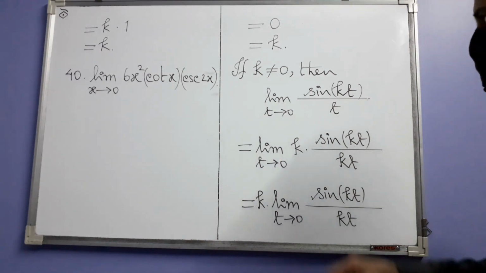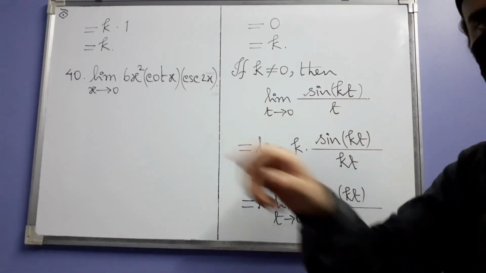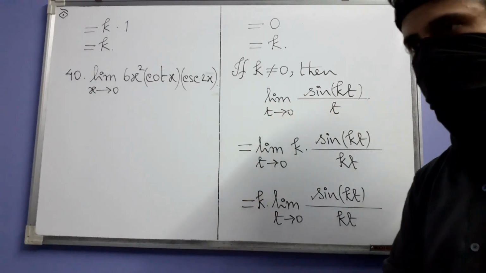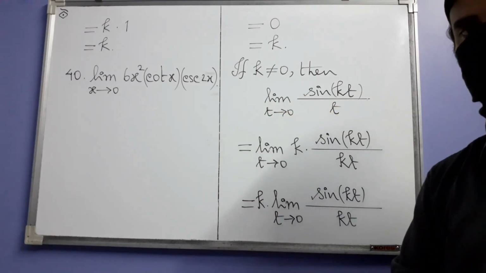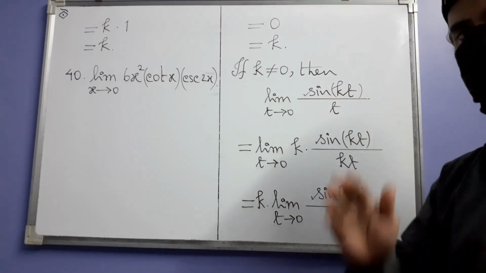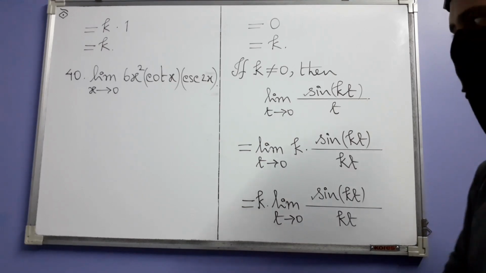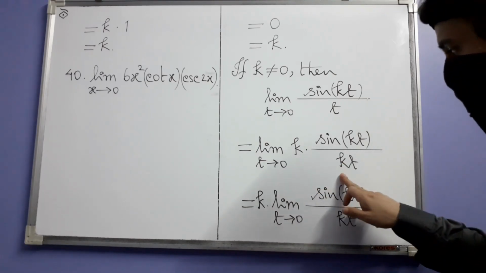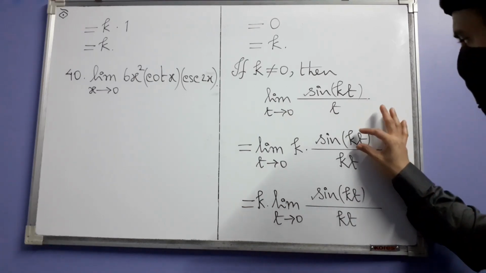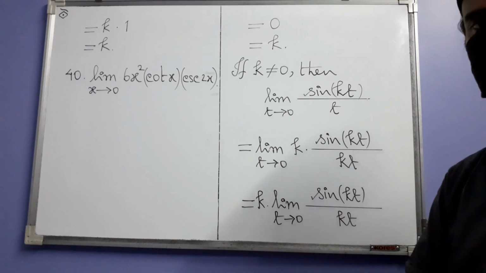So you may end up taking k outside from sin itself and outside the limit at once. Don't do that, okay? Sin of kt is not equal to k times sin of t in general. That is why we had to divide and multiply by k, so that we can create the same thing in the numerator as well as in the denominator.